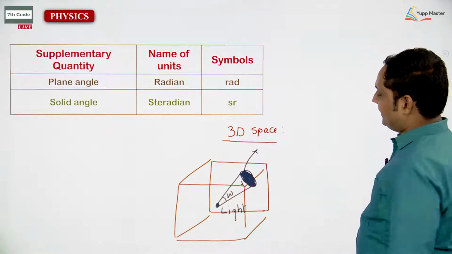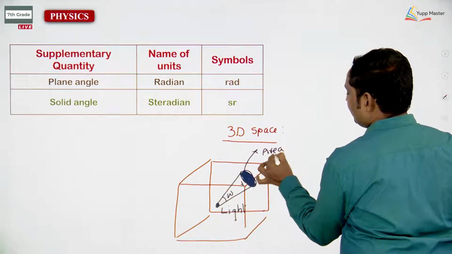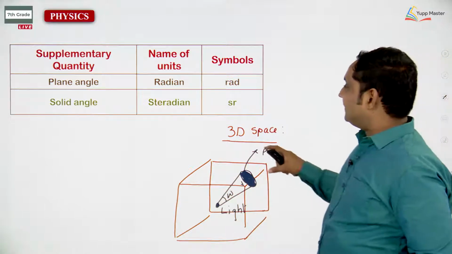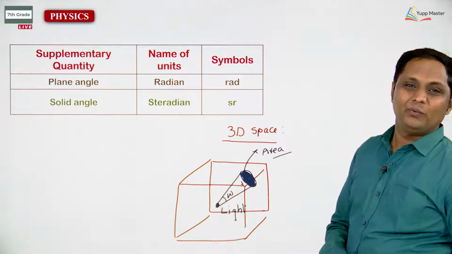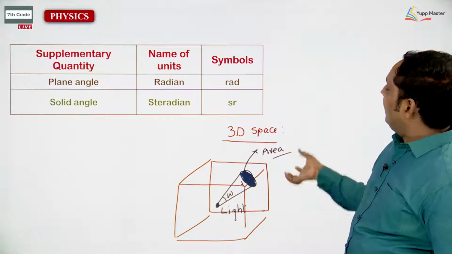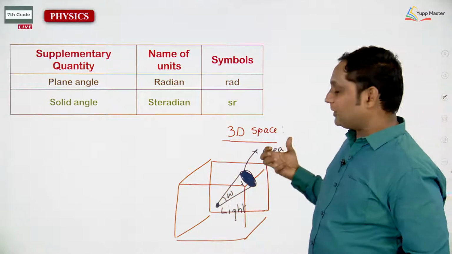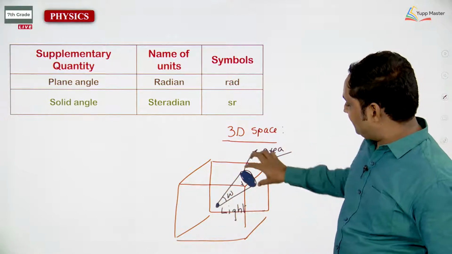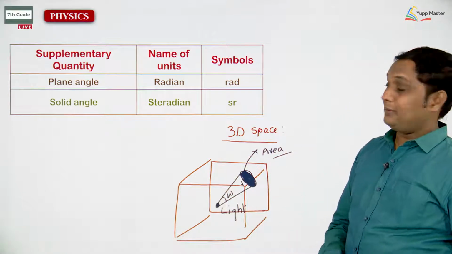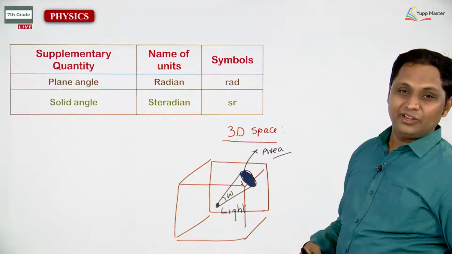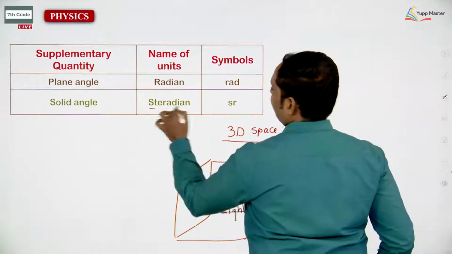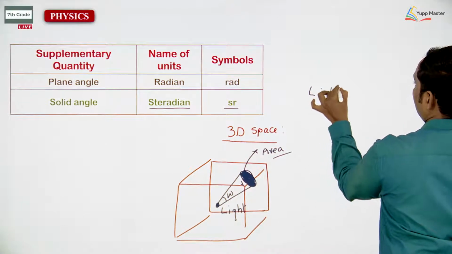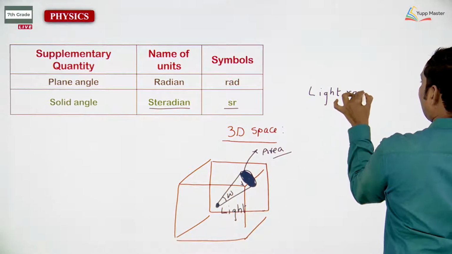You can take this as the area. So you need to get the solid angle. What is the solid angle? It's the angle made by the area with respect to the 3D space. So the angle subtended by this area can be measured with the help of the solid angle. It is measured in steradian. Especially you are going to use it for light rays.